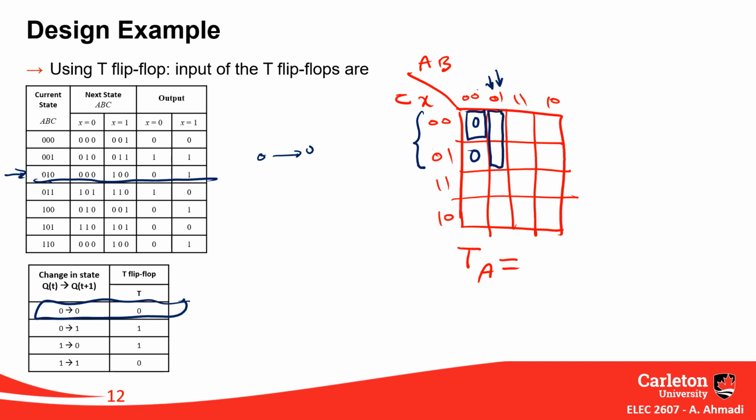Transitions for A: it would be from 0 to 0 if X is equal to 0, so here, 0. And a transition from 0 to 1 if X is equal to 1, which will be 1. Why 1? Because to make a transition from 0 to 1, based on the table, you have to use T equal to 1.